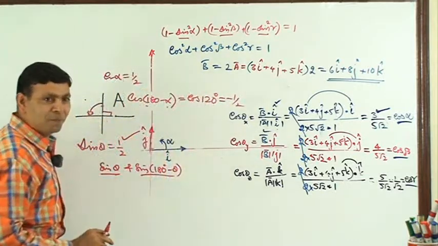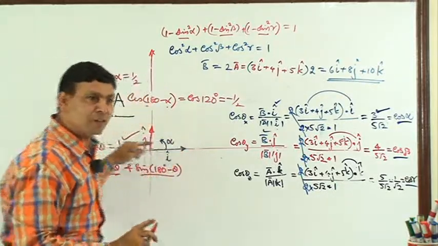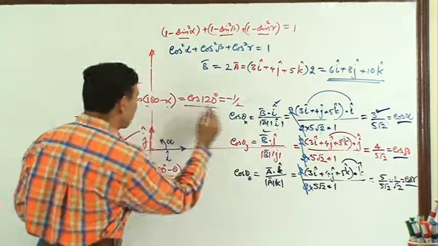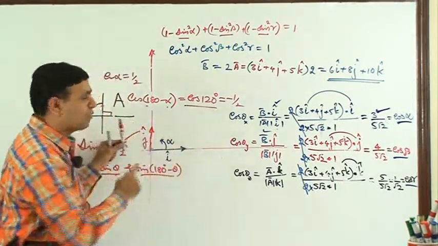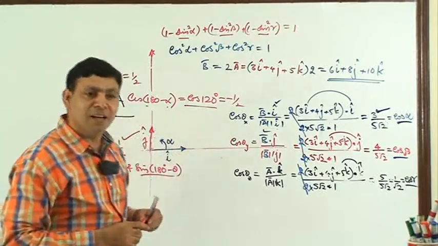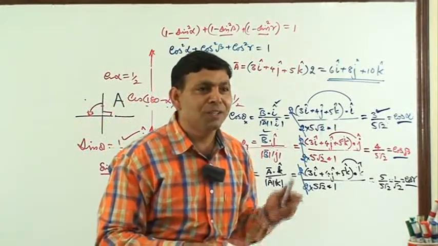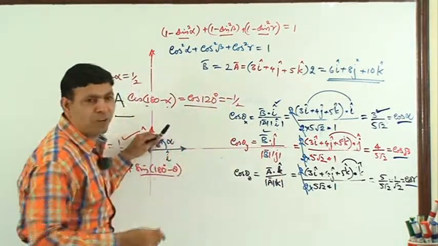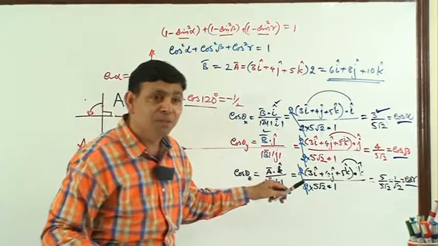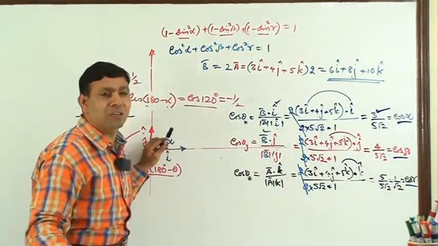Cos 180 minus theta is minus cos theta. So you can safely say it is making 120 degree with the x-axis if it is minus half, and if it is plus half, you can say it is making 60 degree. Like that, direction cosines give you unique values of the direction. You can ascribe a unique direction to a vector when you go by direction cosines. But when you go by direction sines, you don't get a unique direction for a given vector.